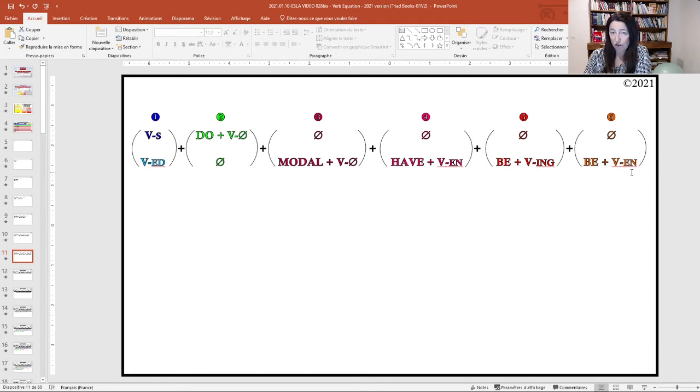And when we do not use the passive voice, obviously we use the active voice, whose symbol is 0. So this is it.